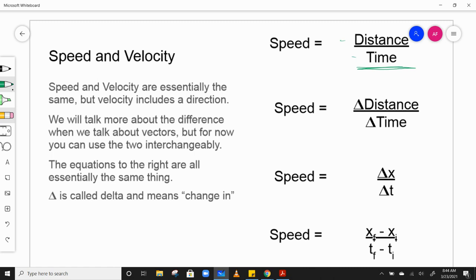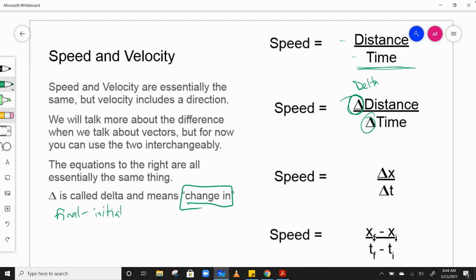Okay. Now, you also might see it this way with the delta. This little triangle is called a delta. So delta distance over delta time. And this just means change in. Oftentimes it's represented as final minus initial, or that's actually what it is.